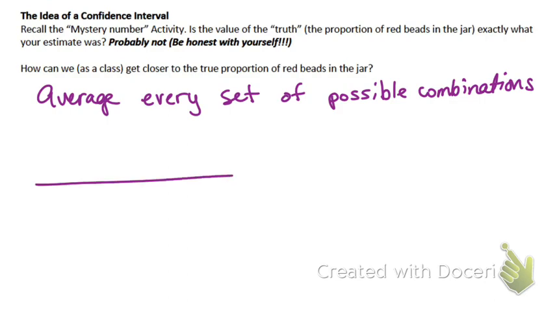So basically, if I take every two of you, so I take Aaron's guess and average it with every single person, I'm already going to have 30 p hats, because Aaron's with everybody else. Then I take Colin's and average it with everybody, so now I have 30 more p hats.